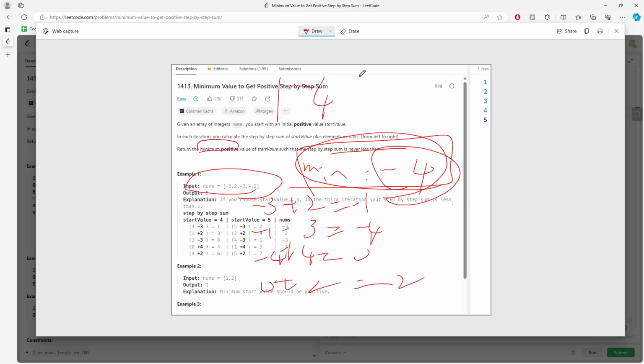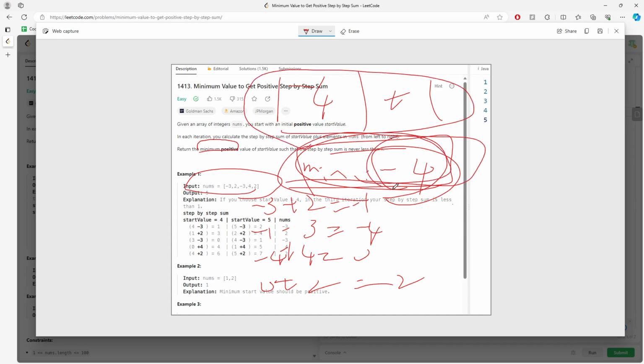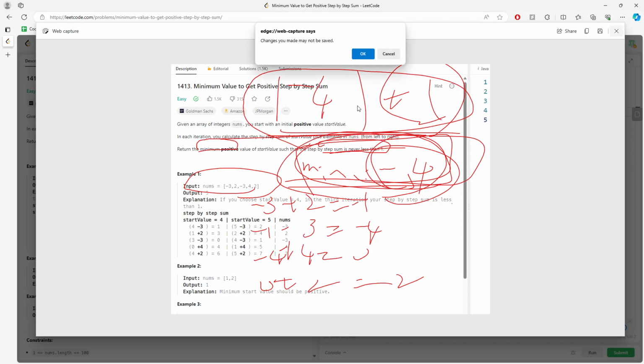So -4 becomes its absolute value, then plus 1. This will definitely be the minimum value, because when you traverse, you reach this value at some point, so we need to handle -4. If the step-by-step sum is never less than 1, you add 1, and then you completely solve the problem. So this is a trick.